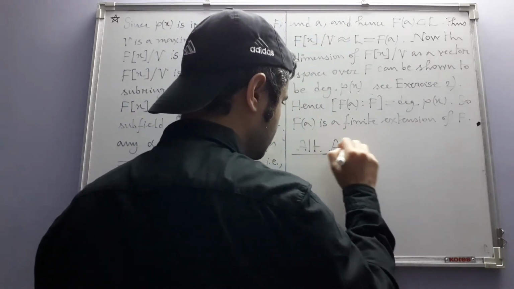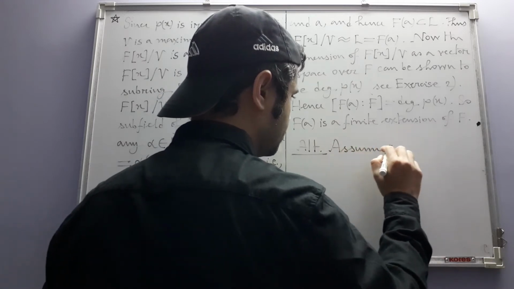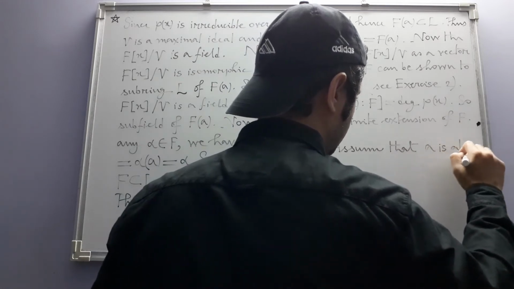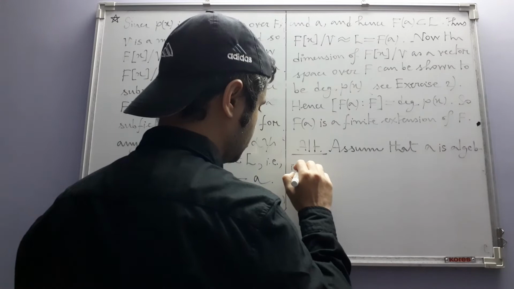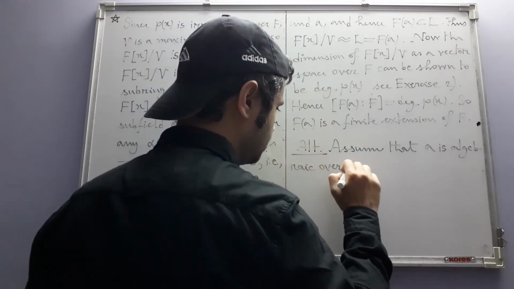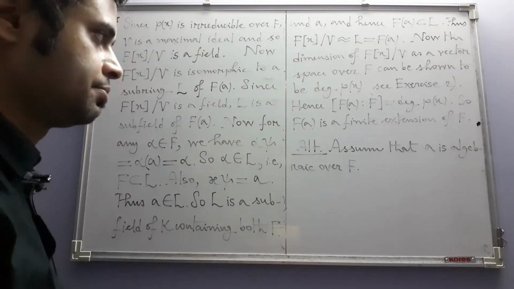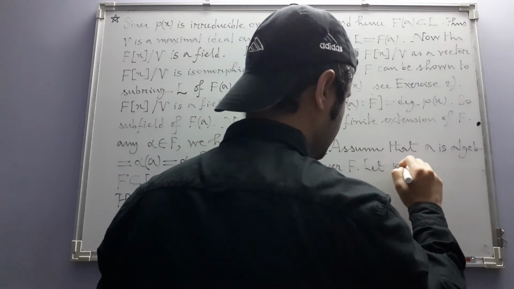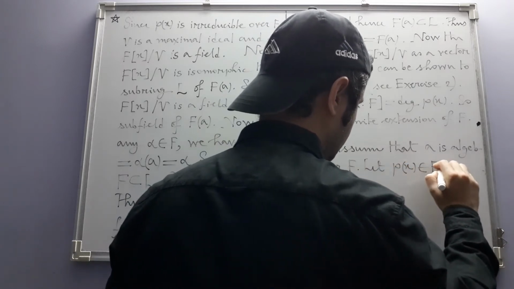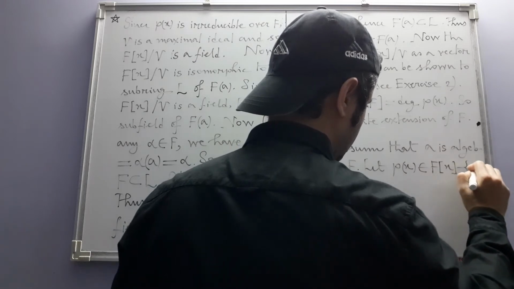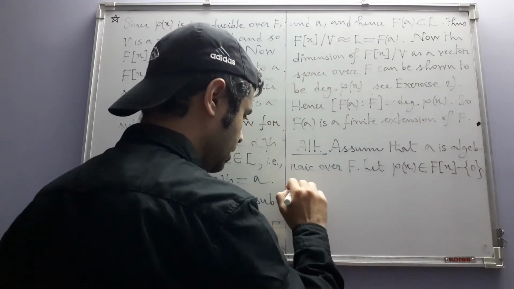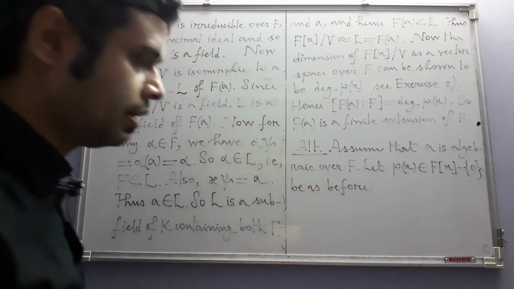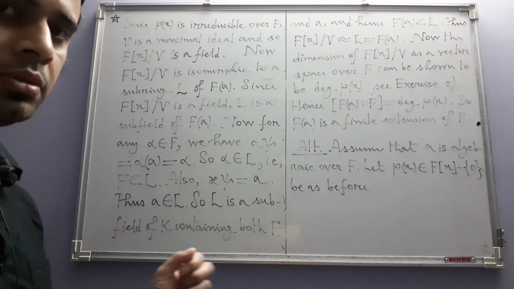Again, assume that A is algebraic over F. Let Px belonging to Fx minus 0 be as before. That means Px is a non-zero polynomial that A satisfies and Px has minimum degree.